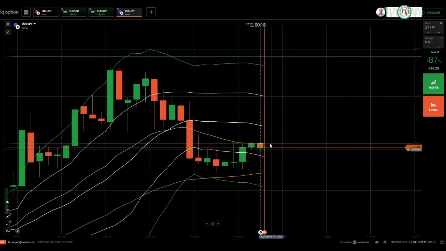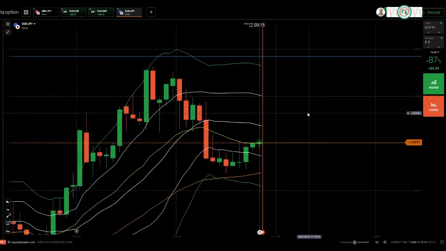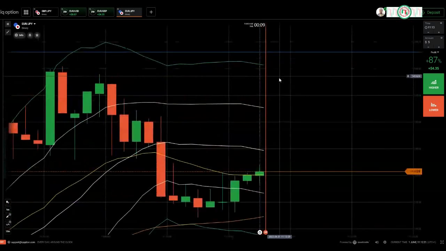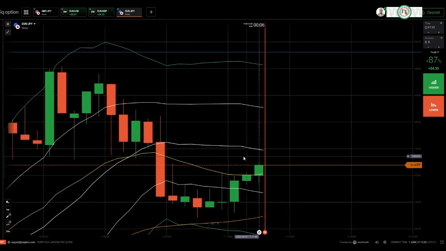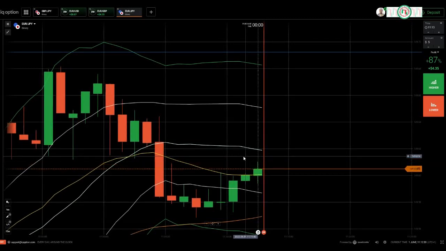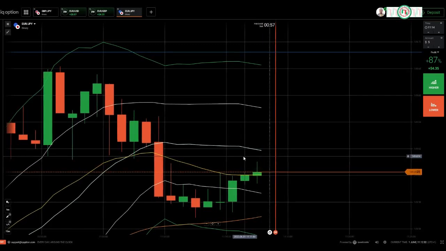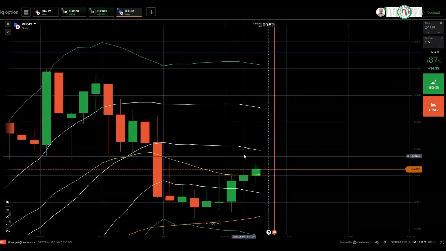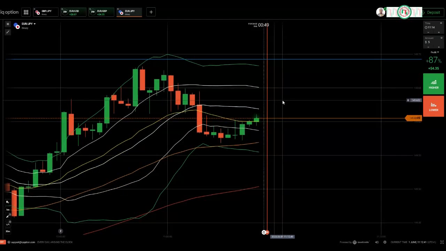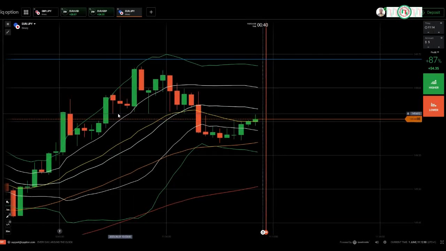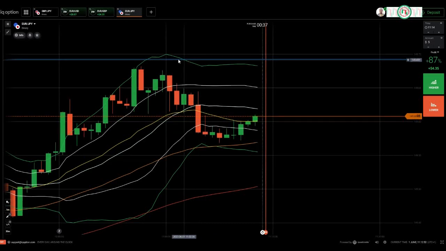Here this is a pullback from the 20 EMA, I think, but the major trend is a strong uptrend. So let's wait. If the market touches this area, this is a strong area here.